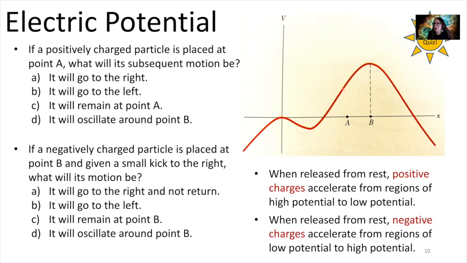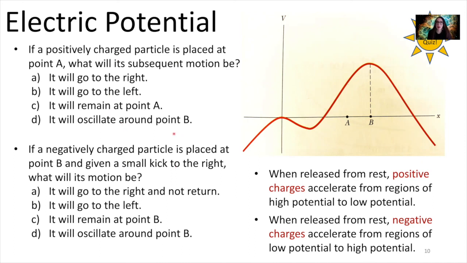The electric potential gets smaller as we move to the left, and it eventually becomes negative down here. So we're placing our particle right here. It's subject to the shape of this electric potential curve. What will its motion be? Will it go to the left, go to the right, stay in the same place, or oscillate around some point?